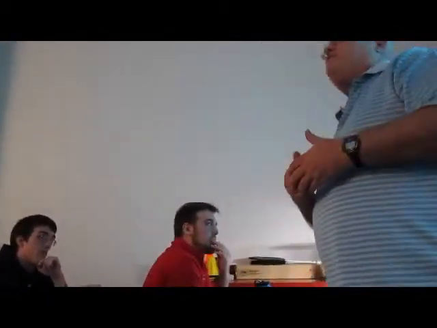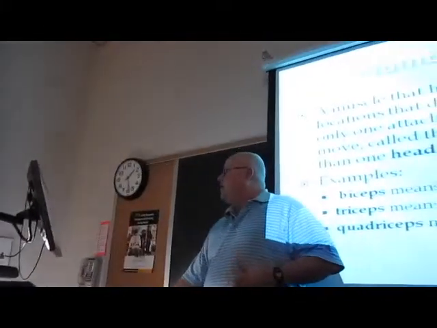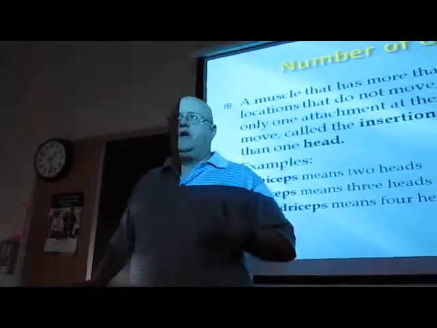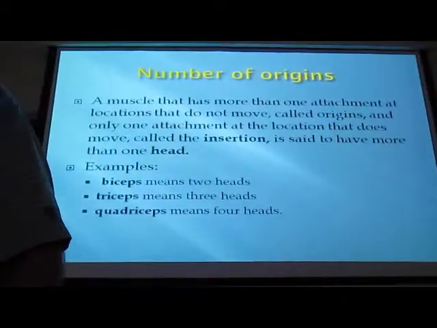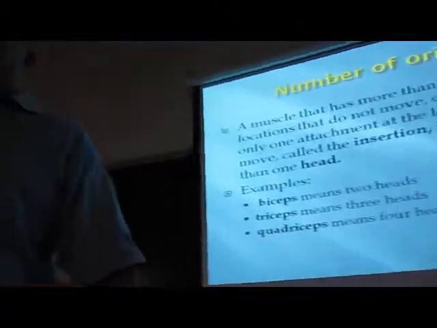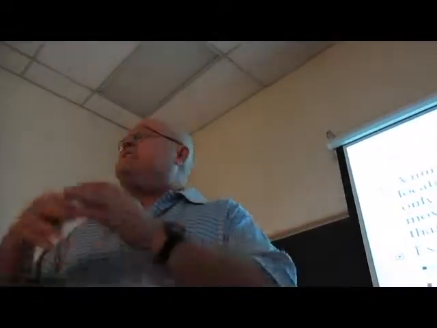So if we have things like sub, supra, infra, medial, lateral, those are all examples of muscles that get their name through their location. Alrighty, the number of origins. I think one of the persons went through the whole gamut there: quadra, tri, biceps. That's simply the number of heads or crowns of the muscle.